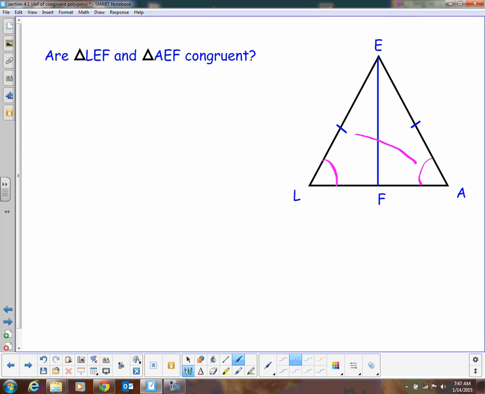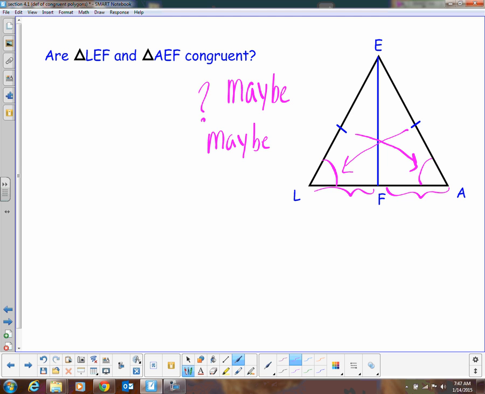Remember, if two sides of a triangle are equal, angles opposite are what? Equal. All right. Is there anything to tell us that these angles are congruent? Can't go by diagram. Is there anything to tell us that this segment is equal to this segment? We don't know that that's a midpoint. We don't know that this is a perpendicular bisector. Do I have enough to do congruence? We do not know. Maybe. Maybe not.